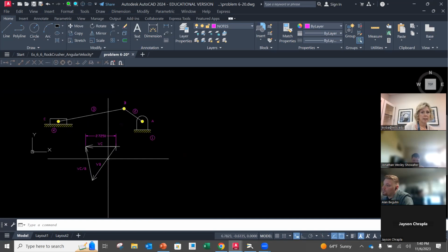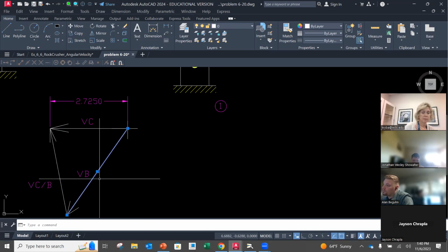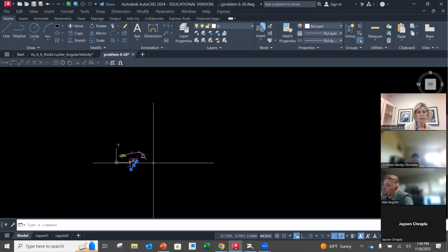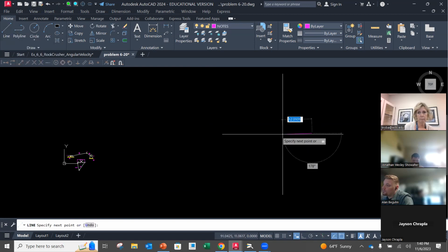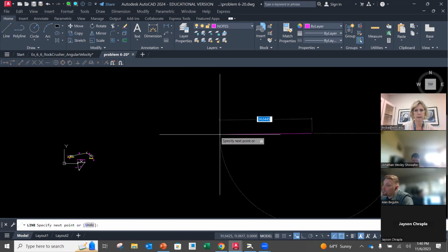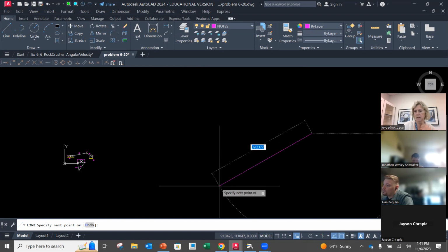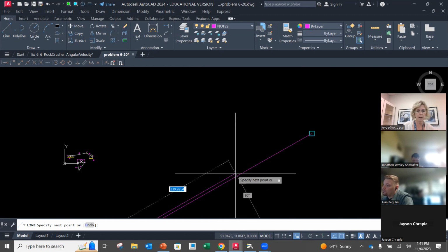Okay, I drew my vector right here, the velocity of B, physically at 3.7169 inches long. The actual vector would have been 371. So if I draw a line down and at an angle like this, this would be 371.69, okay?